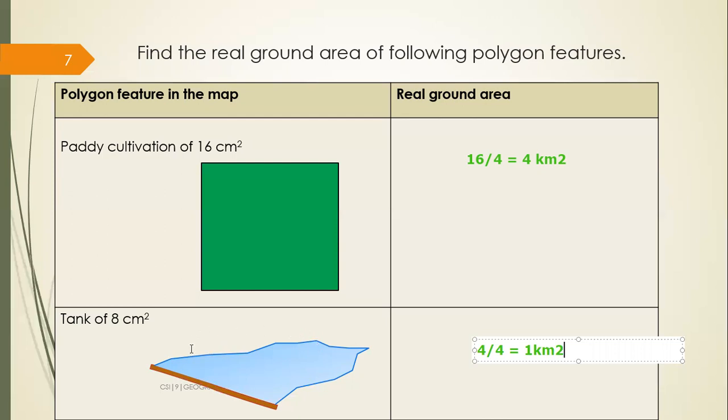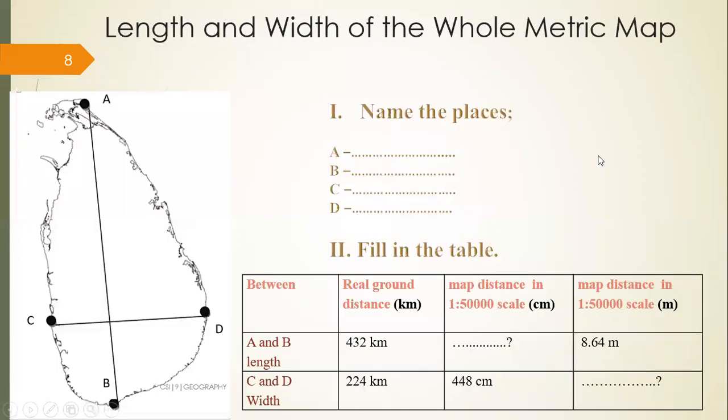Then 2 into 4 is 8. Okay, in that way we can calculate such area. This is to give you the idea. You have to do your own exercises given in the textbook to make it clearer.